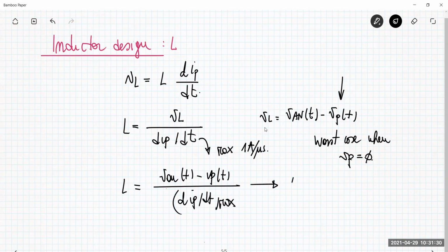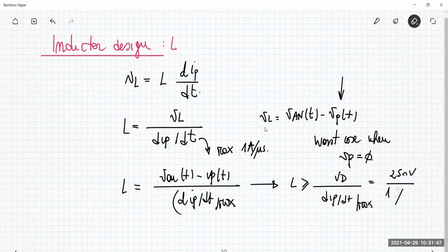And if I put in the worst case, I can see that L should be higher than VD over the dIP over dt maximum. VD I choose 250, over 1 amp per microsecond. And so L should be higher than 250 microhenry.